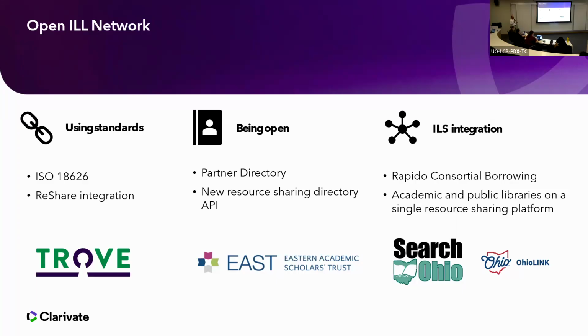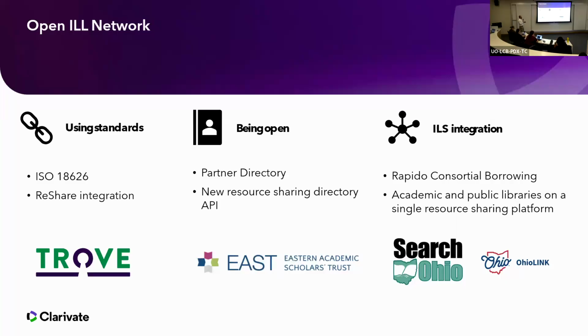And so that helps support connecting libraries, peer-to-peer relationships. The East group is very interested in working through this resource sharing directory to help them with their work around shared collections, collection development, and are looking at the API as a way to help support that.